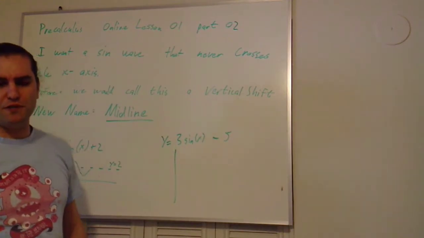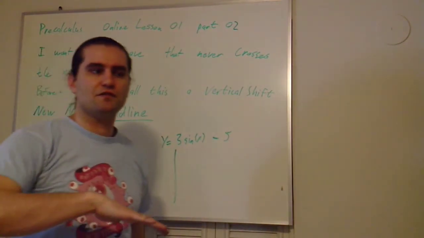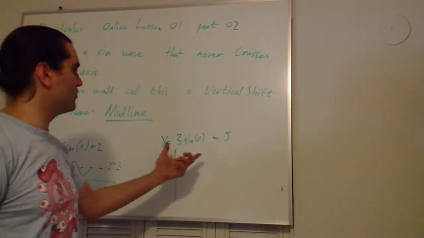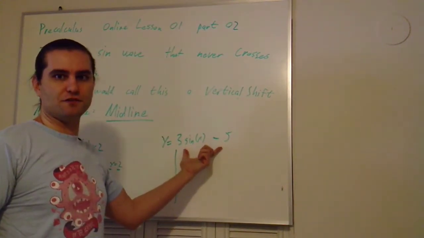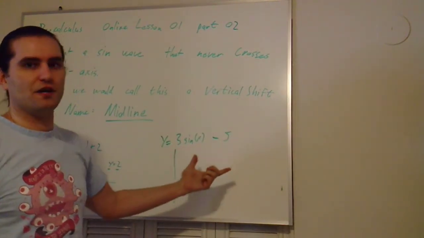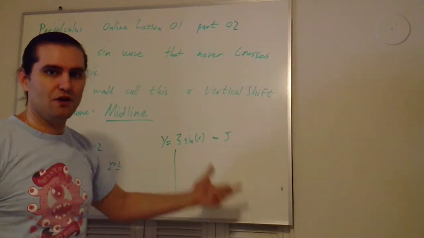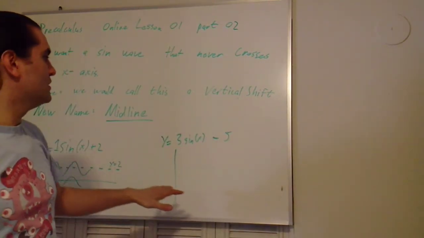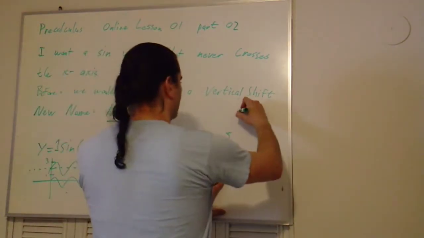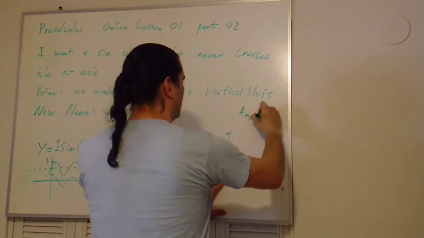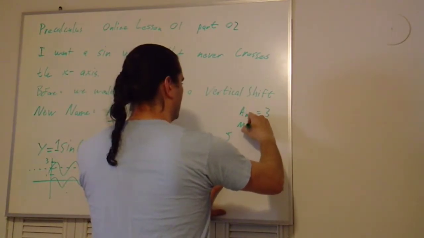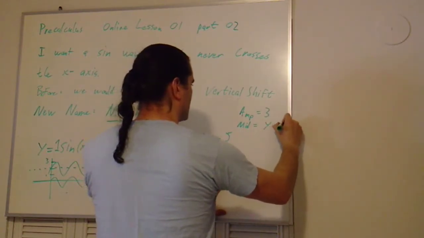It's like we talked about when we did exponential and logarithmic functions. The goal here is to be able to look at the transformations on the function and figure out what the graph looks like based on those things alone without making a table of values. So I will write down that the amplitude is 3 and the midline is y equals -5.